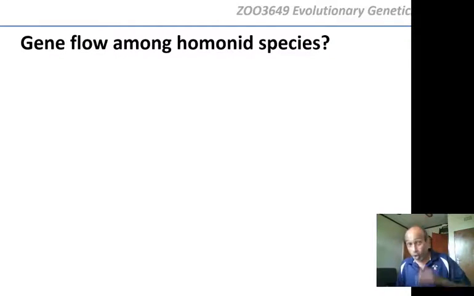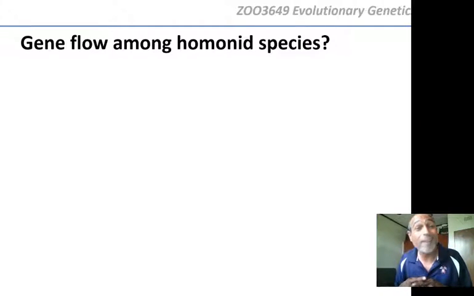So, because we also evolved through an adaptive radiation, you guessed it, right? Reproductive isolation, even in our hominid species, was not complete. So we were able to mate with each other.